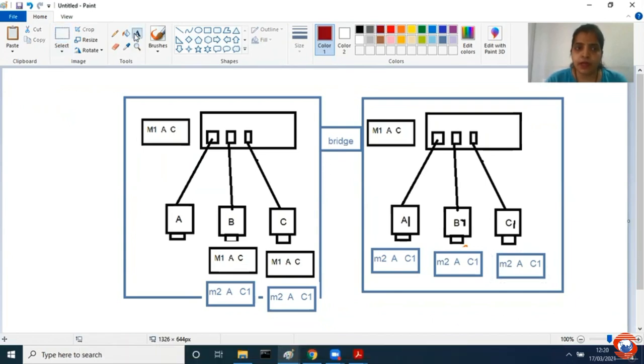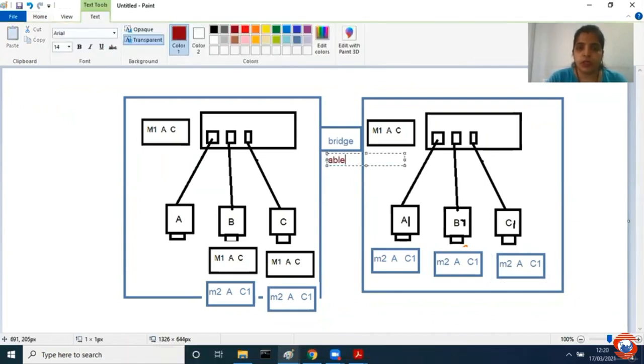The bridge will maintain a table. What is that table called? That table is called a routing table. So what will this bridge do? The bridge will note: what is the source, what is the destination, what is the source IP address, what is the destination IP address, and so on. Now what was the source? A. What is A's IP?